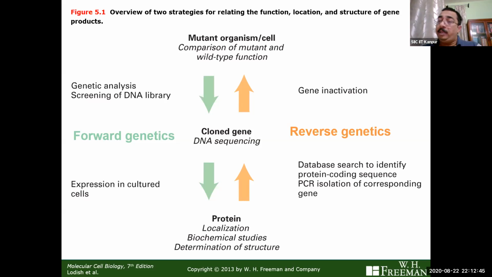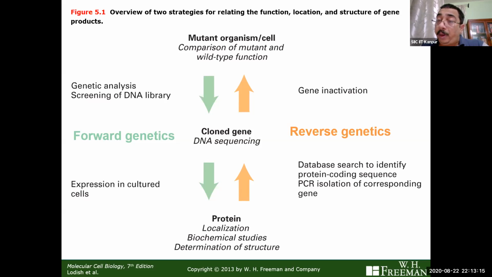Now you can take the degenerate set and scan the entire genome sequence of the organism and see which one matches. That way you can get there. But this requires having the genome sequence known a priori. You must already know the genome sequence for this kind of bioinformatics-based approach to work.